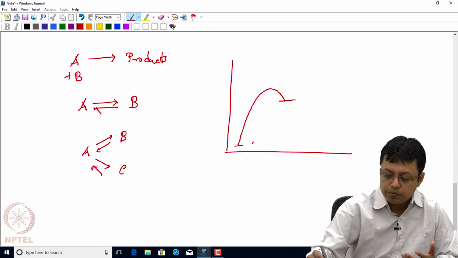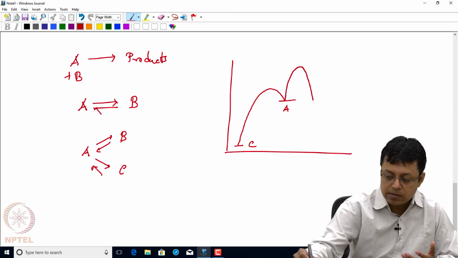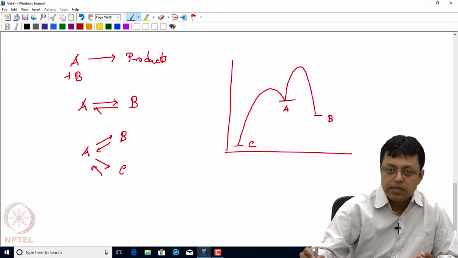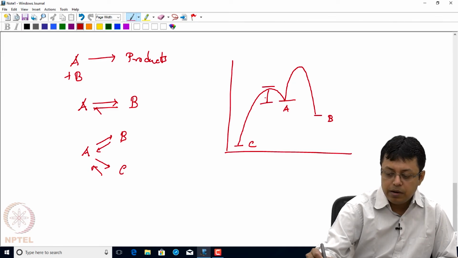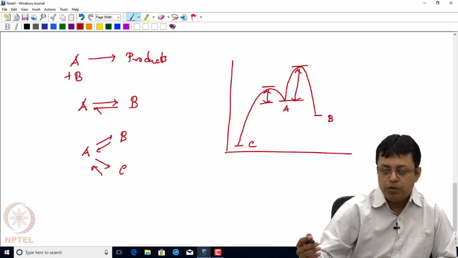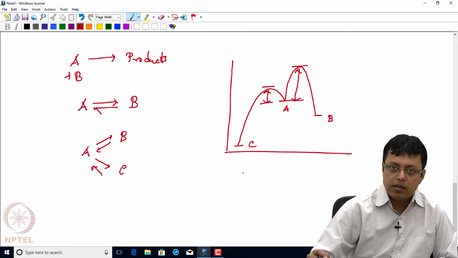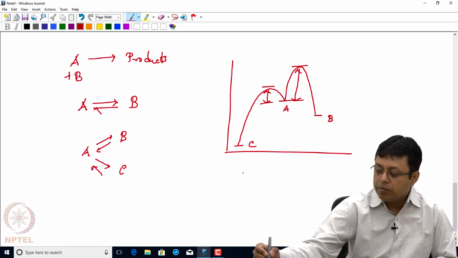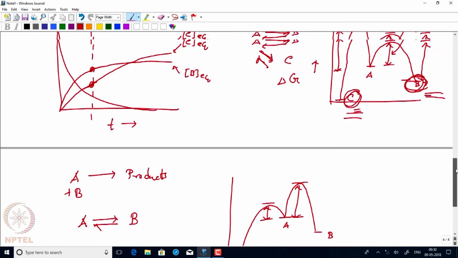When I am going from A to B, the activation barrier is higher, and B is thermodynamically less stable than C. As you can see, the position of C is much at the bottom, and also the activation barrier for going from A to C is smaller than for going from A to B. So in this case, C is both the kinetically as well as thermodynamically controlled product, meaning from the very beginning you will see C being formed.